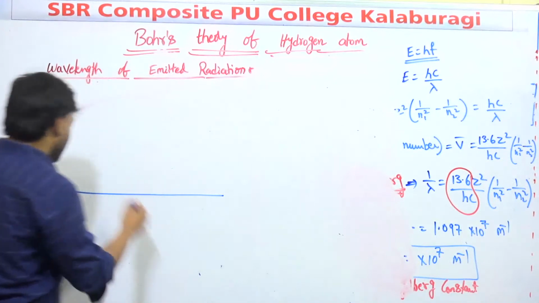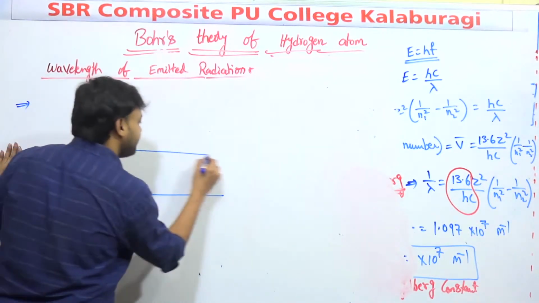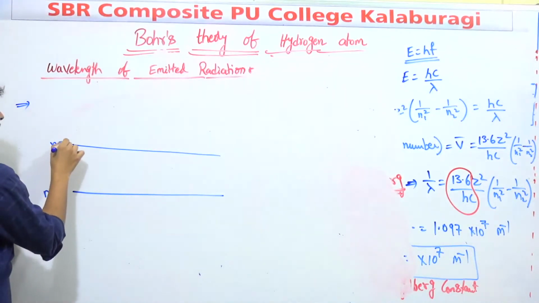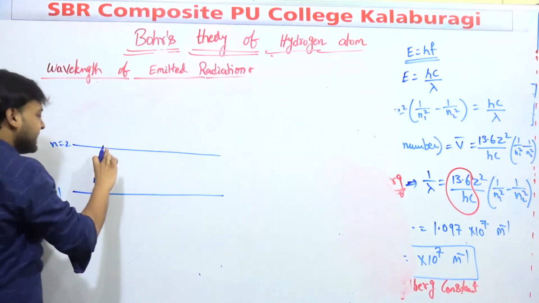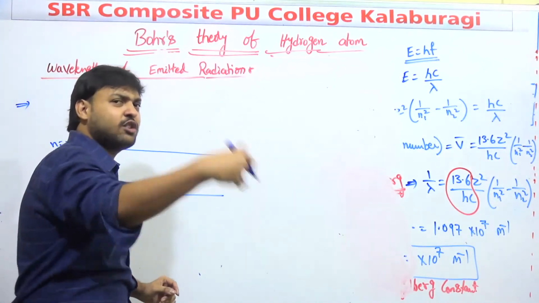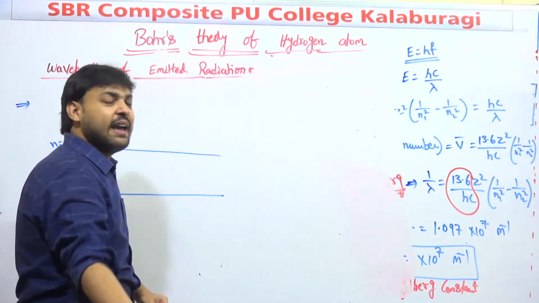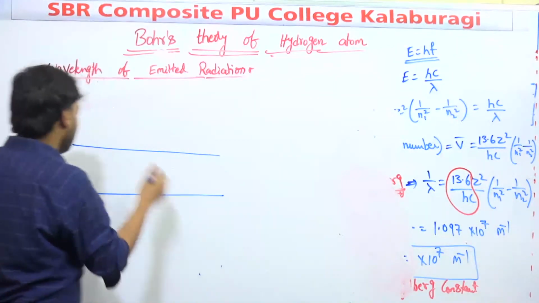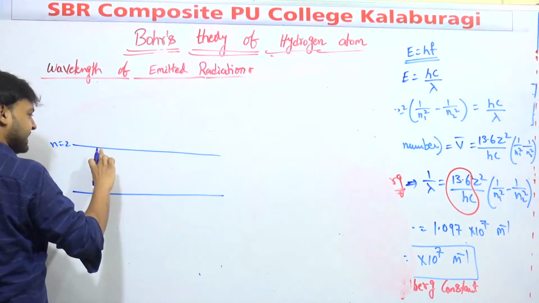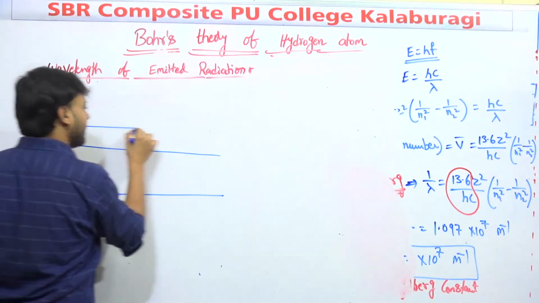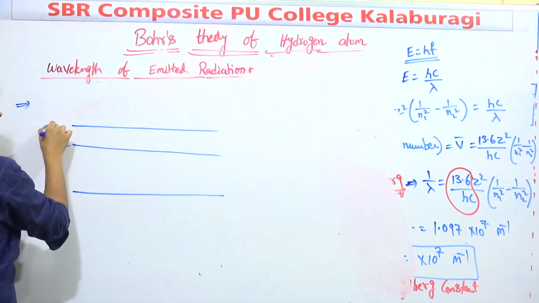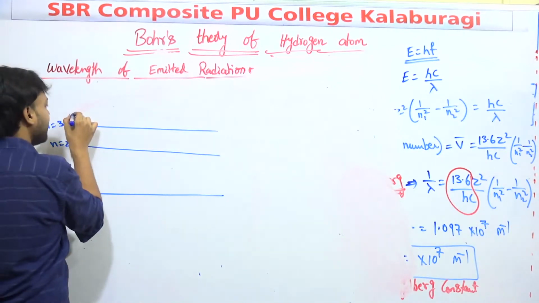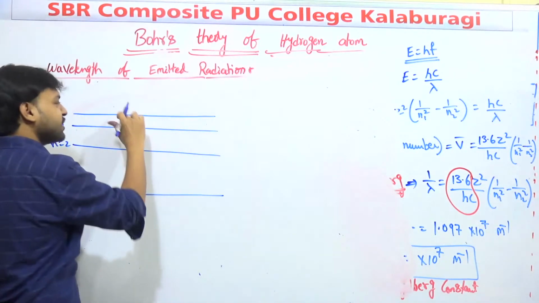Next, n equals 2. Next, the separation will also decrease while going to the higher energy levels. Why? Energy decreases. So say the distance is this much, now it will be reduced. Next, still reduced.